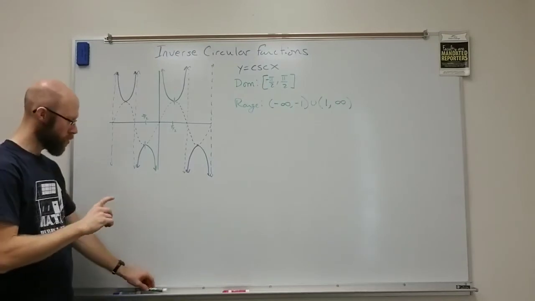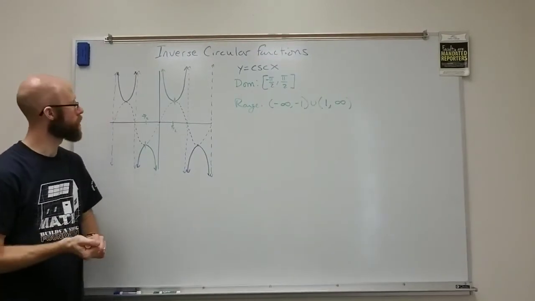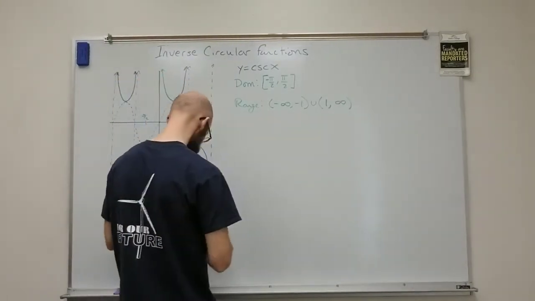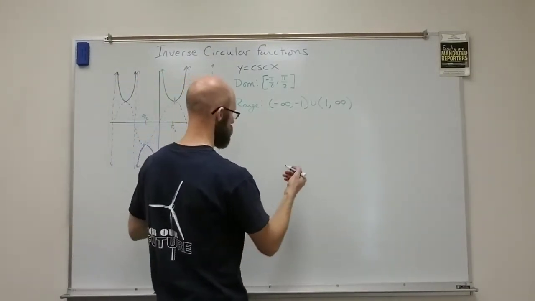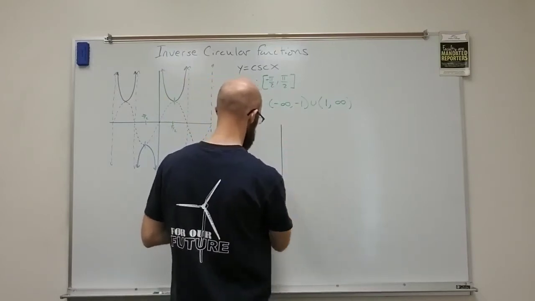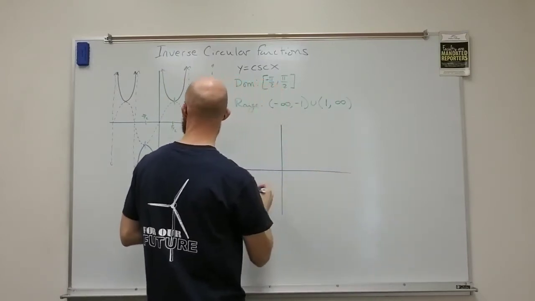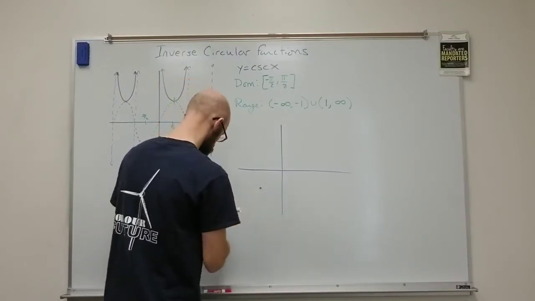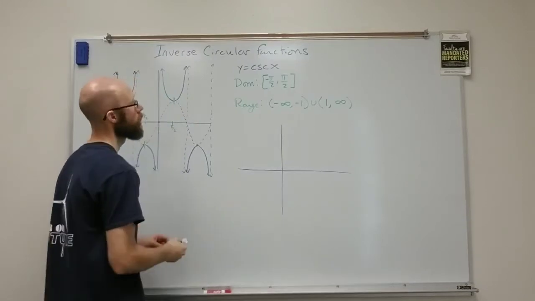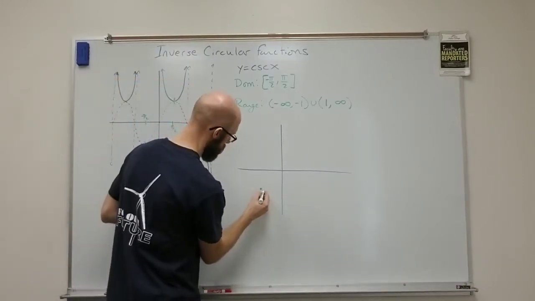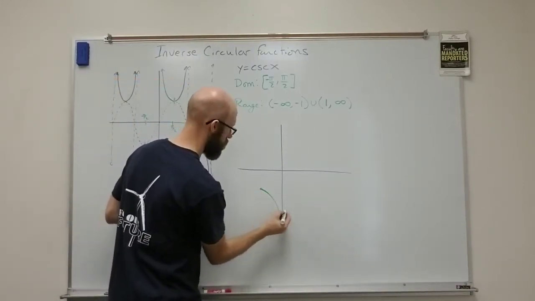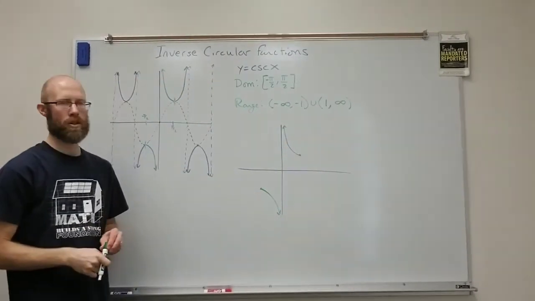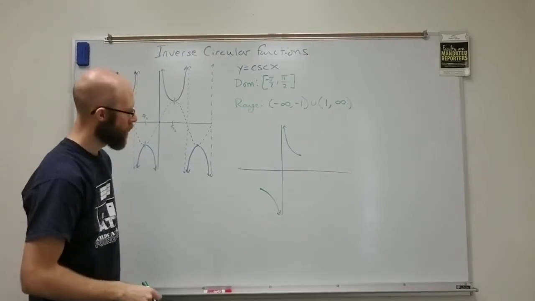Now, when we do the inverse cosecant, I'm just going to have to draw a separate graph. It's getting a little crowded there. Let's do this. All right, so if I do it in green for the cosecant, okay, so that's the portion of the cosecant that we'd be looking at.